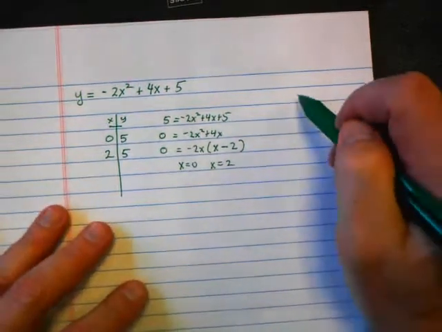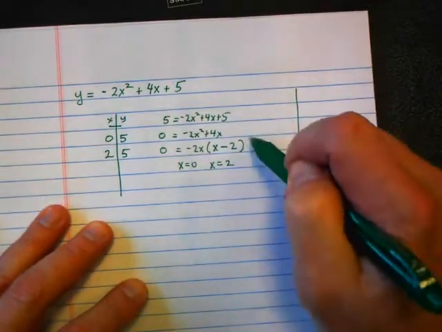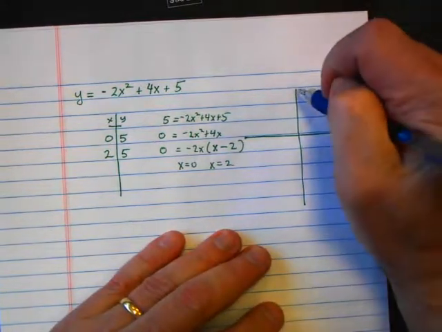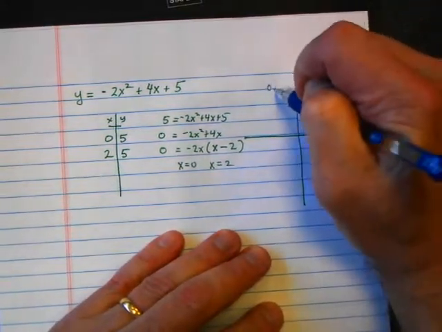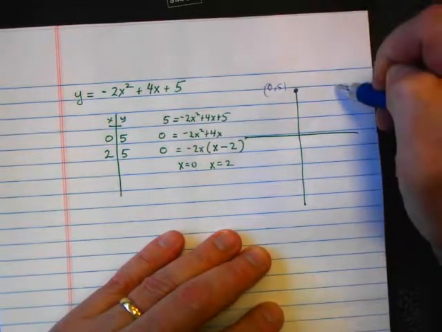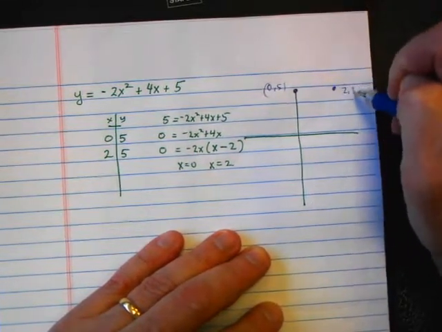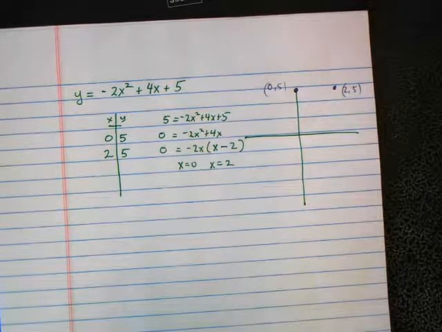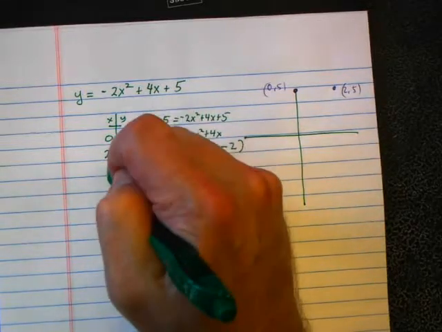Alright, so I can start drawing my picture. (0, 5) and (2, 5). Where's the vertex? Halfway in between. What's halfway in between 0 and 2? 1.